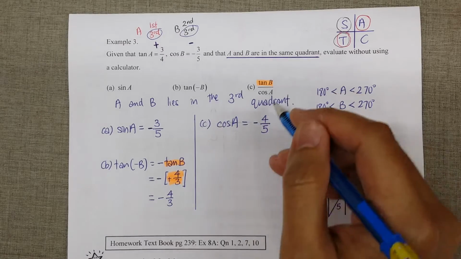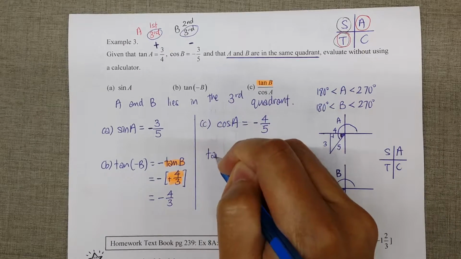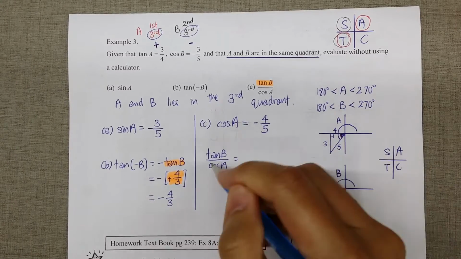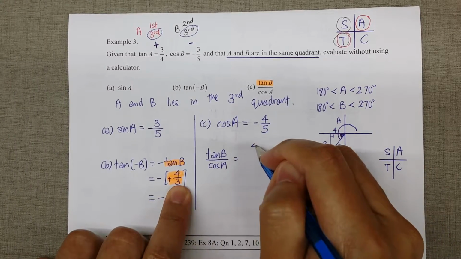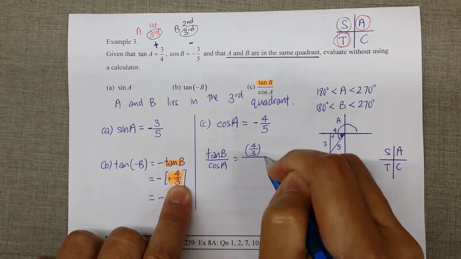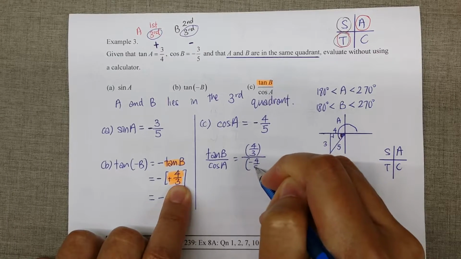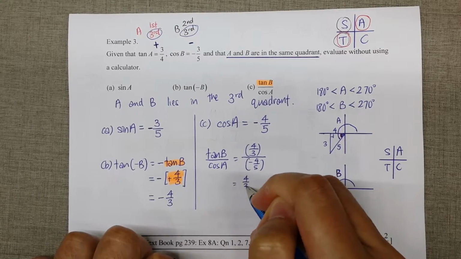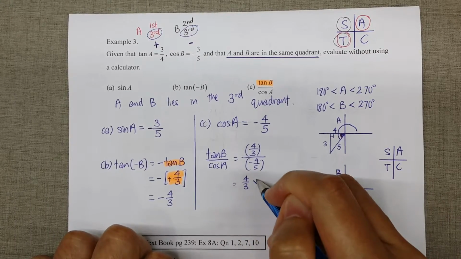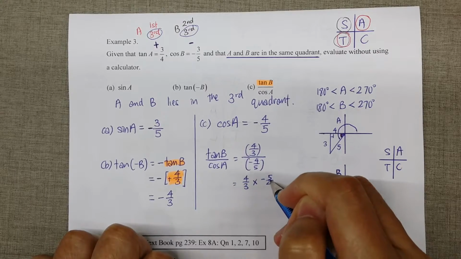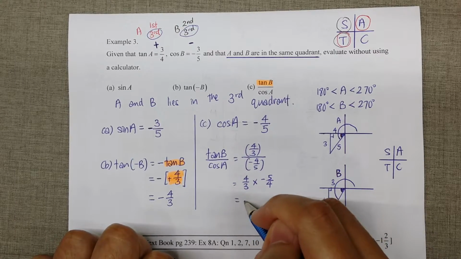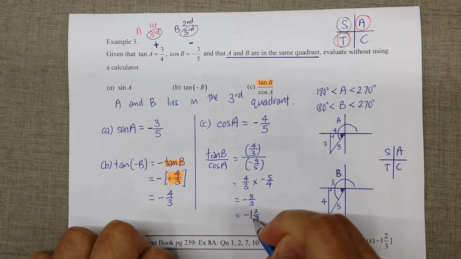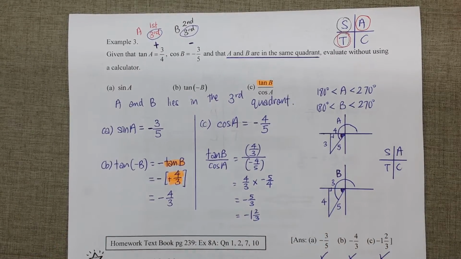With that I can solve part C. They ask for tangent B over cosine A. It will be tangent B, 4/3, over -4/5, cosine A. So it's 4/3 divided by negative 4 over 5, which means times negative 5 over 4. You flip it. Cancel away, you get negative 5 over 3. You get negative 1 and 2/3. You get the correct answer.